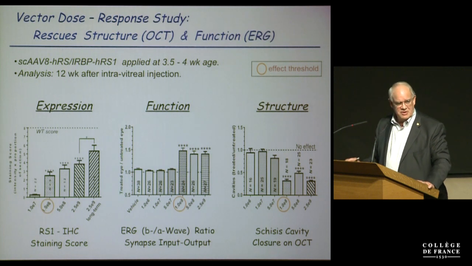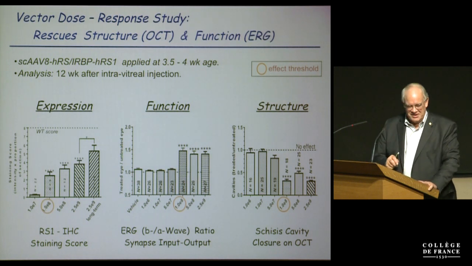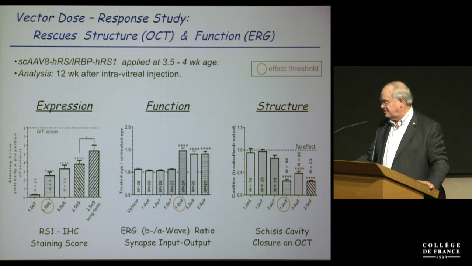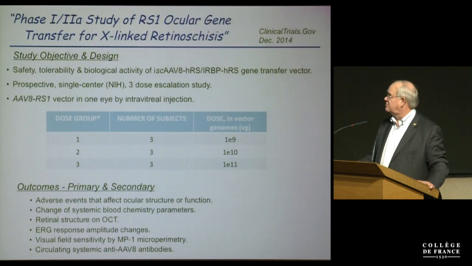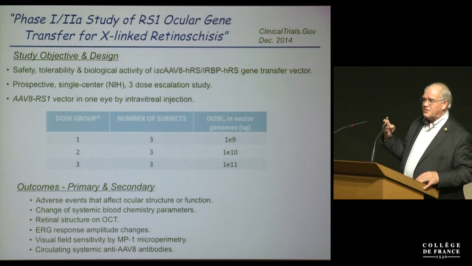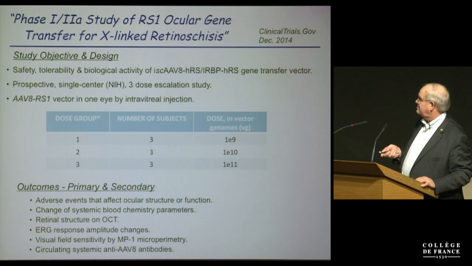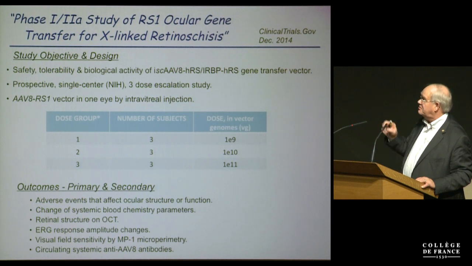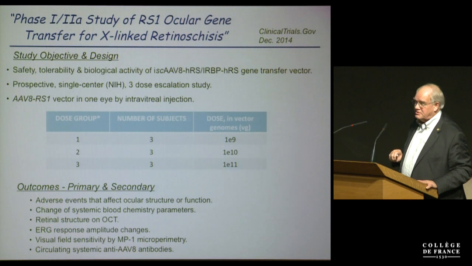So we know the dose in mouse, but then as Jean has already said, one has to scale this by the 100 or 1,000-fold levels in order to scale this to the human ocular size. And we have done that. These are scaled by rod cell number, by retinal surface area, or by retinal volume, vitreous volume. And we started this trial a year and a half ago.